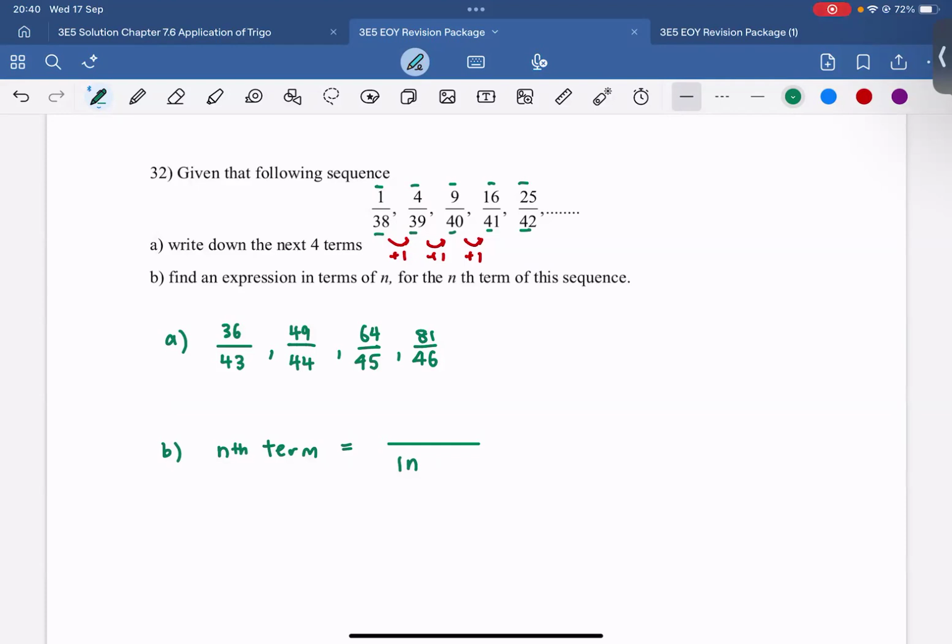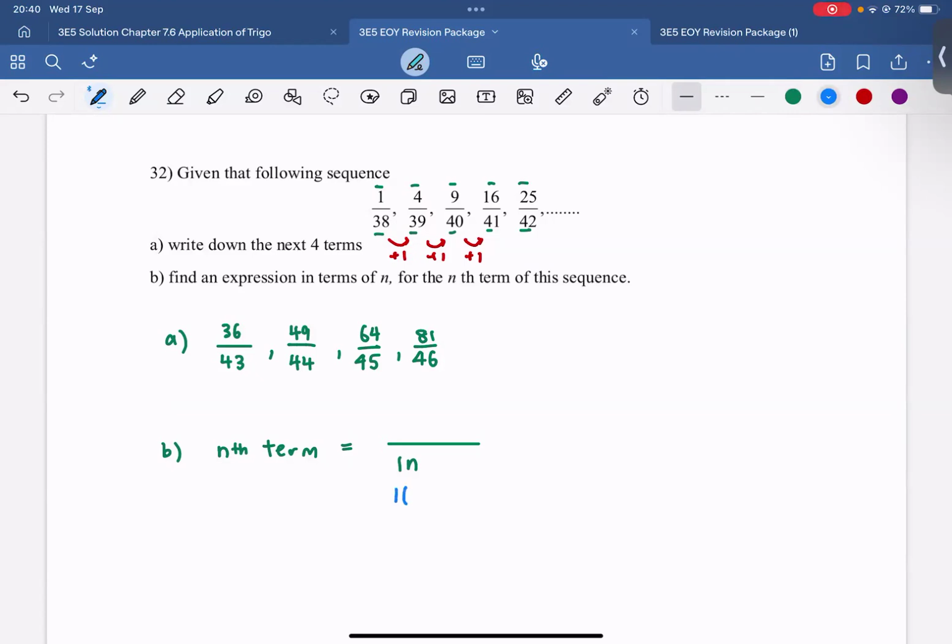Anybody? 1n plus what or minus what? Zikai, what do we have? Y'all don't chat now, I cannot see the chat. I'm sharing screen. Zikai, what do we have?